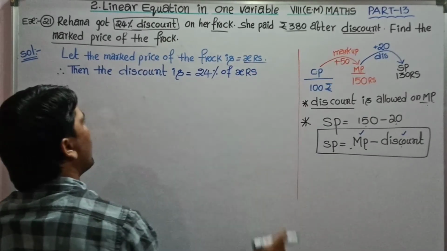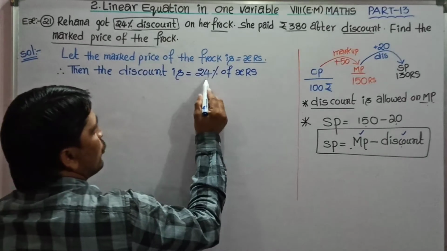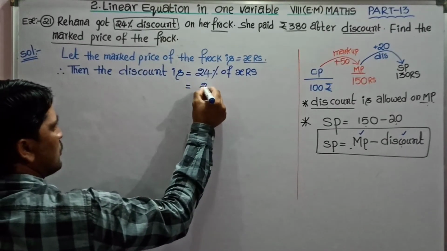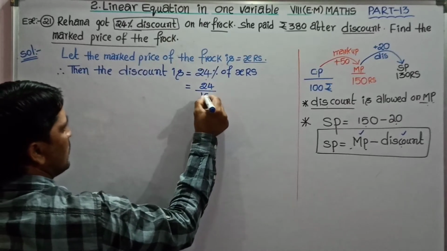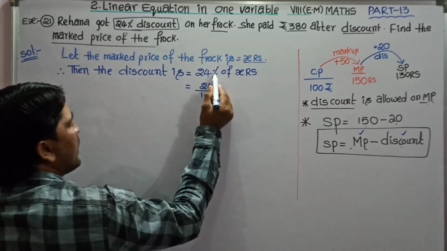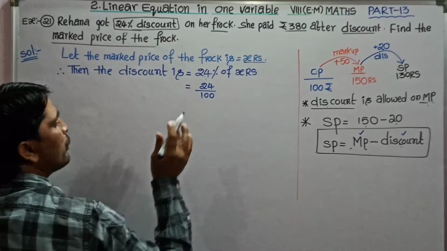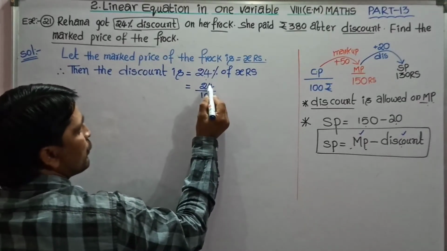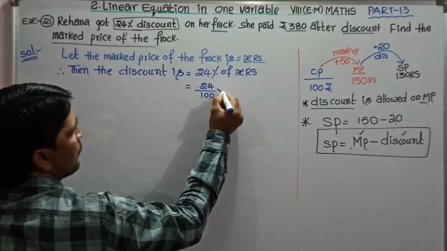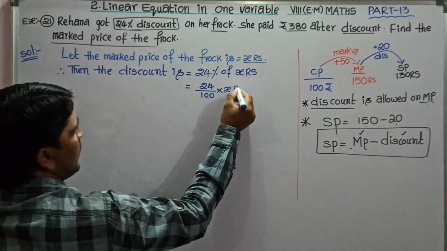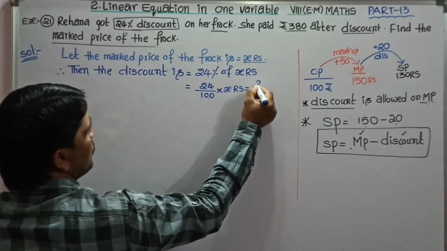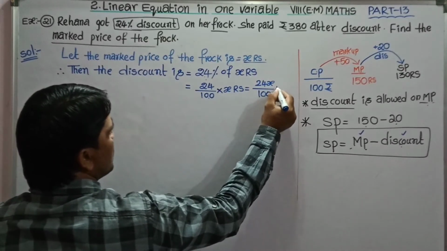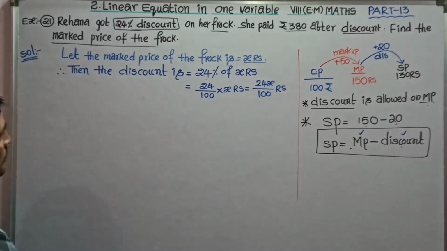So Rehana got discount 24% of X rupees, that is 24 by 100. That means for every 100, Rehana got 24 rupees as discount. That can be written as 24 by 100 multiplied by X rupees, which is equal to 24x by 100 rupees, the discount amount.